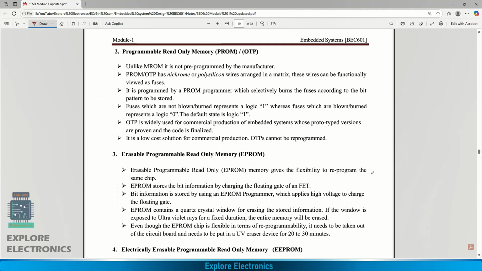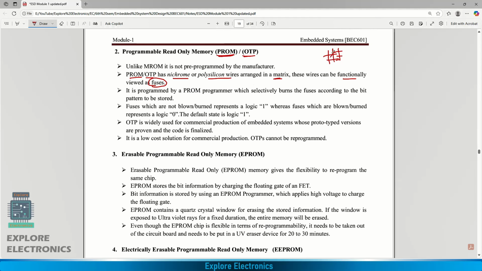With this knowledge, we can understand programmable ROM. We call it PROM, or also OTP. PROM or OTP has nichrome or polysilicon wires arranged in a matrix, connected to transistors. These wires can be functionally viewed as fuses.